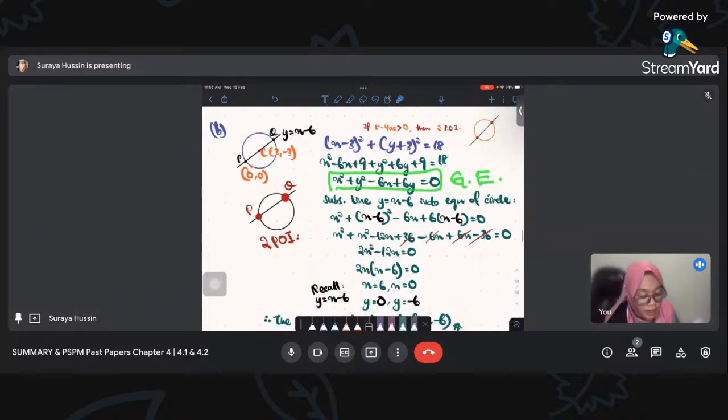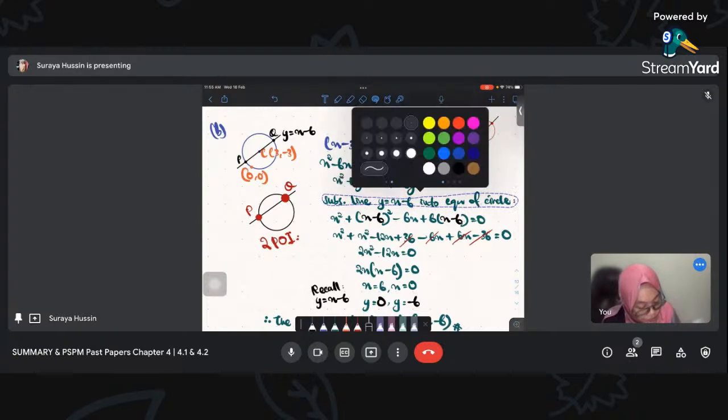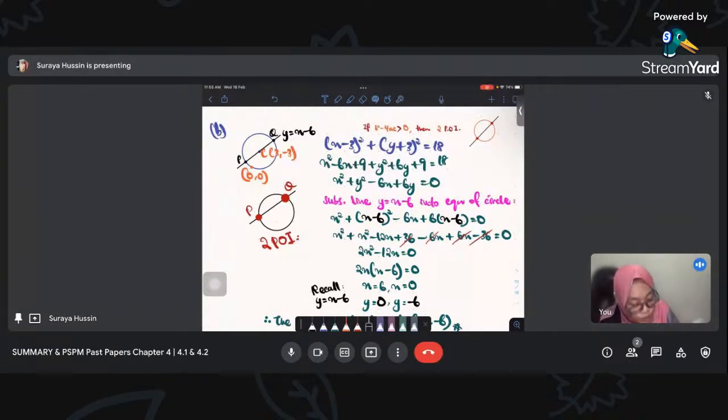Kenapa saya kembangkan pula? Tak kisah pun sebenarnya, nak kembang pun boleh, tak kembang pun tak apa. Yang penting you perlu masukkan the line, you know, this is the line, right? Y equals to X minus 6.